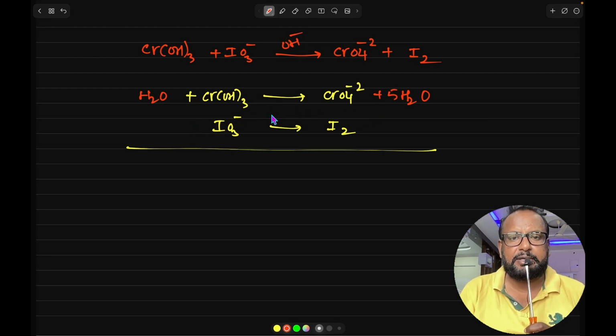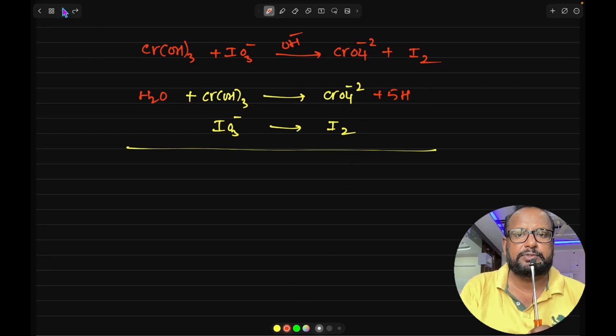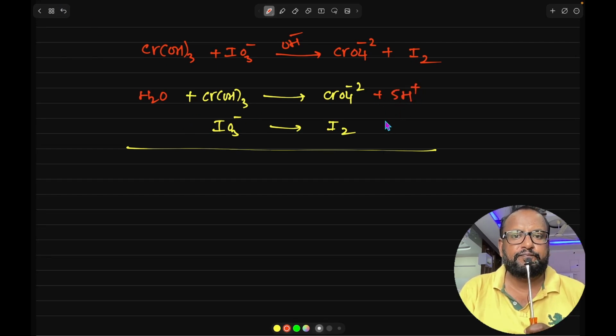Oxygens, hydrogens are balanced, and here is 2 negative charges. But to balance hydrogens we have to add hydrogens, right? So it should be 5 H+ ions. Now the charges should be, so we got left plus, 3 electrons are required here.